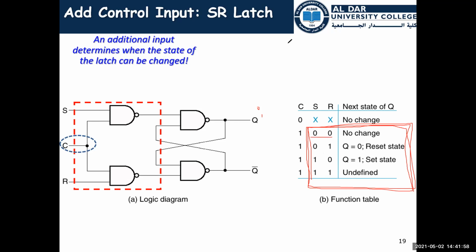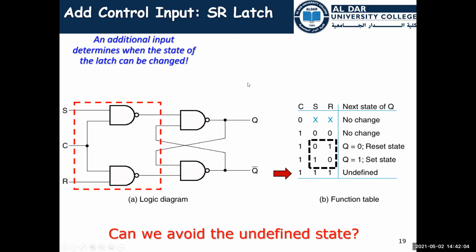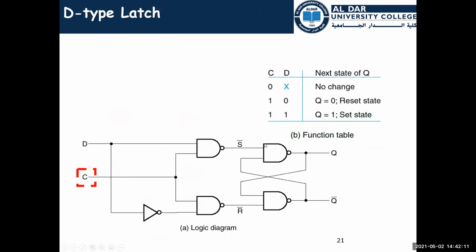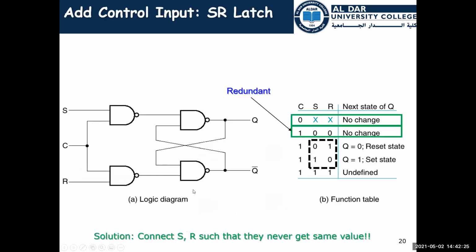Okay, to avoid the problem of undefined, I should connect the S component to an inverter, so I make sure that I'm working only with the required states, which are 0 1 and 1 0.